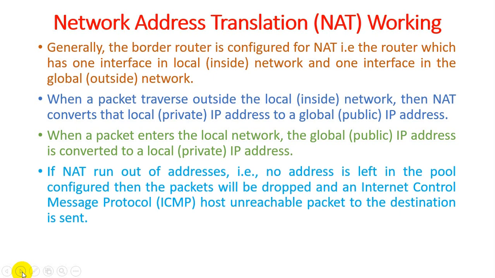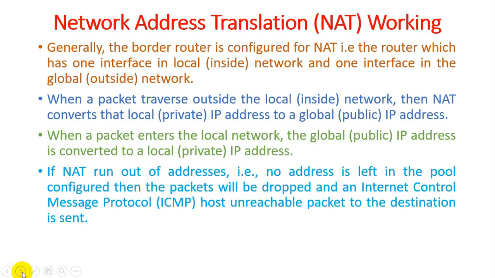If the network address translator runs out of addresses, meaning no address is left in the configured pool, then the packets will be dropped and an Internet Control Message Protocol (ICMP) host unreachable packet is sent to the destination. I think if you have configured some internet on your personal computer, sometimes you see that the destination is not reachable.